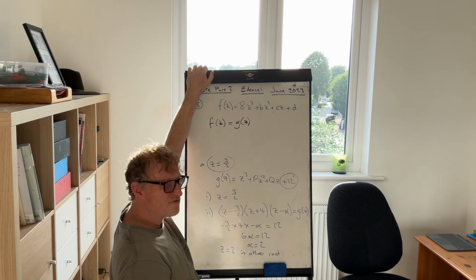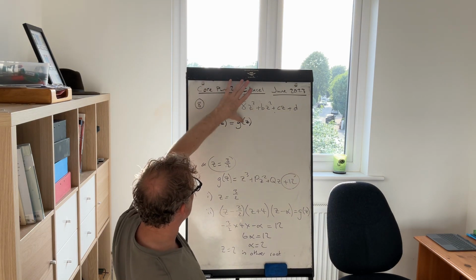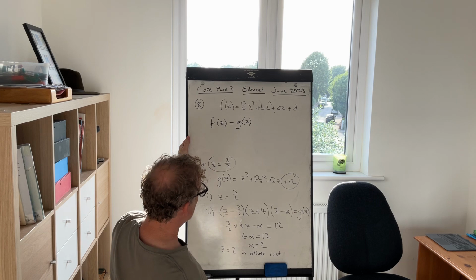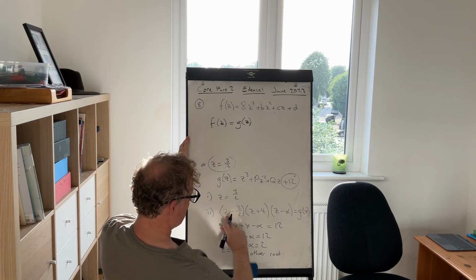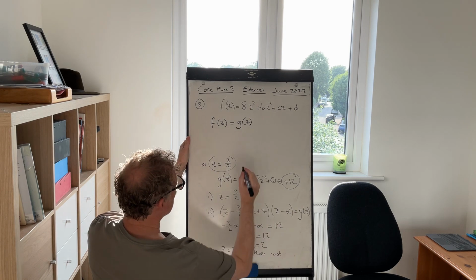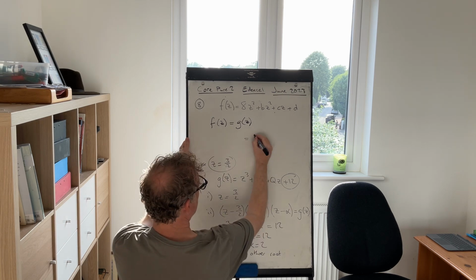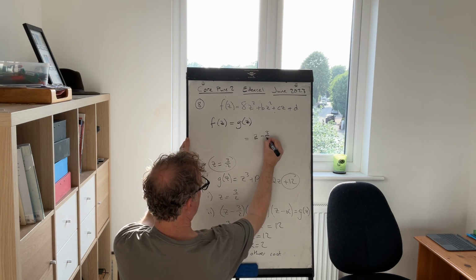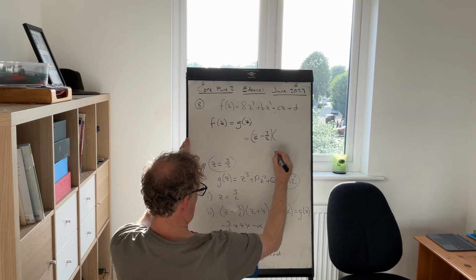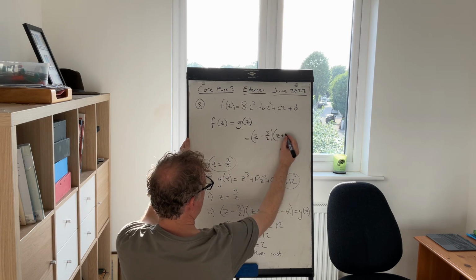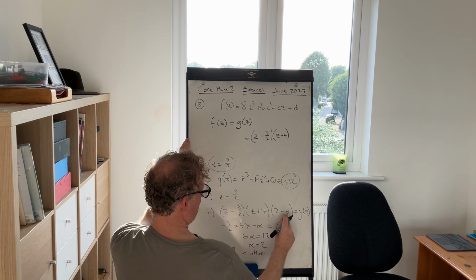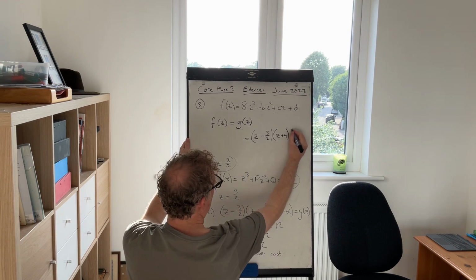Now, we know the roots of f of z, we know the roots of g of z. So why don't we just write them out in this form to start with? So we know g of z, I'll do g of z on this side. We know z minus 3 over 2, it's z plus 4, and it's z minus alpha, which is 2.